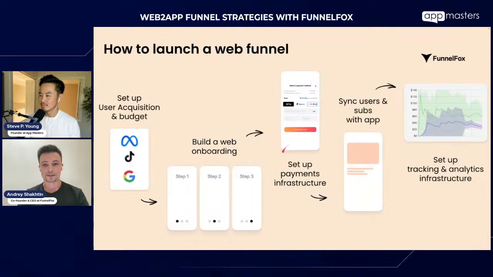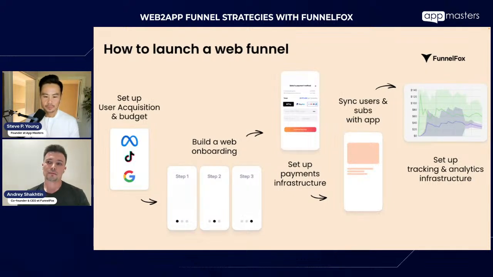The third part is payment infrastructure. It's also a really crucial thing, because if you are going to sell subscriptions on web and leverage these lower commissions on payments, you need to work seriously on your payment infrastructure.